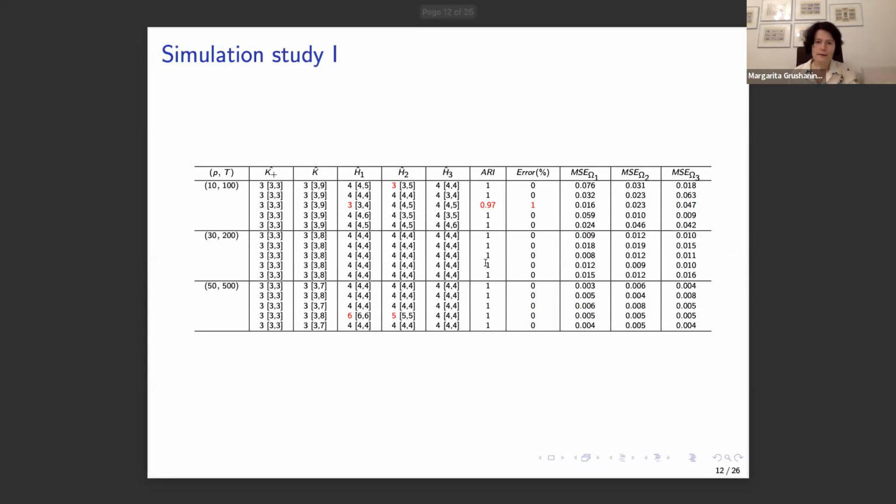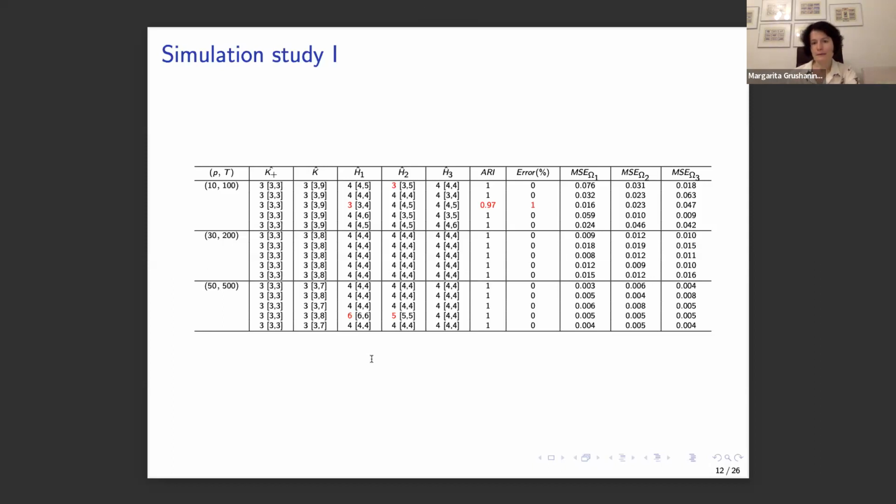And here are the results of generating this data set 5 times and running our Gibbs sampler on it for 3 different dimensions. The first case is 10 variables and 100 observations, then 30 variables and 200 observations, and 50 variables and 500 observations.